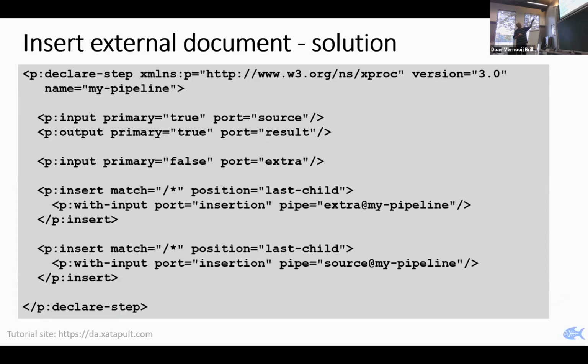It's like this. The last p:insert is the one you should have written. What you actually do there is, again, as a last child of the root element, you insert what comes in on the source port of your outer pipeline.